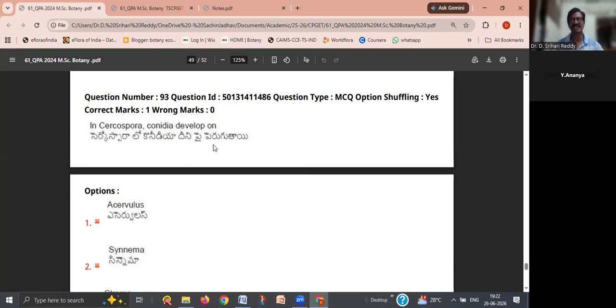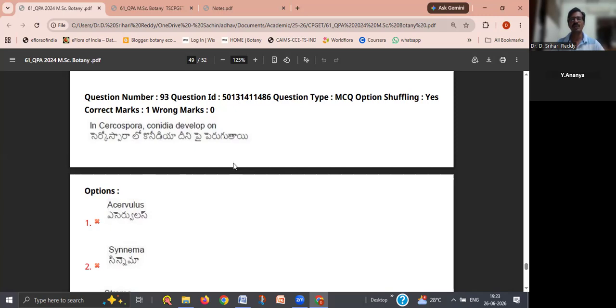So in Cercospora we don't find sexual reproduction, and we find asexual reproduction. During the asexual reproduction, conidia are developed.